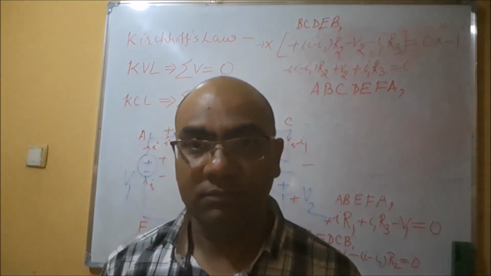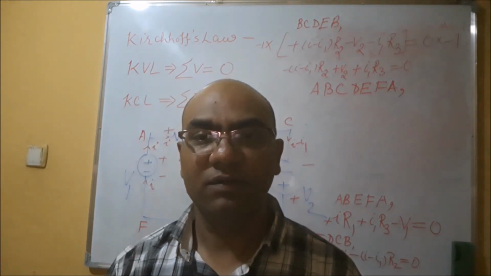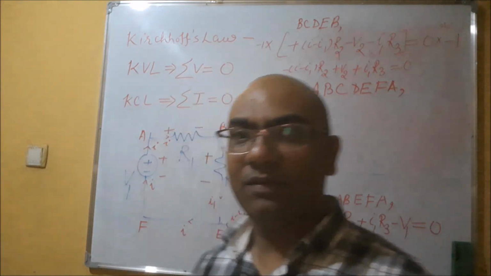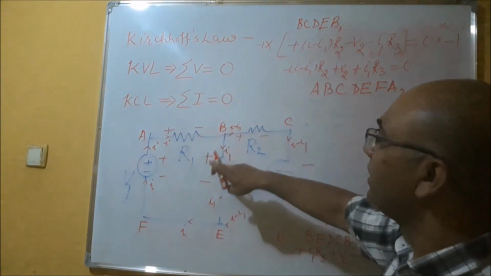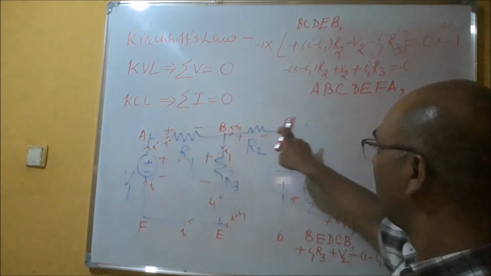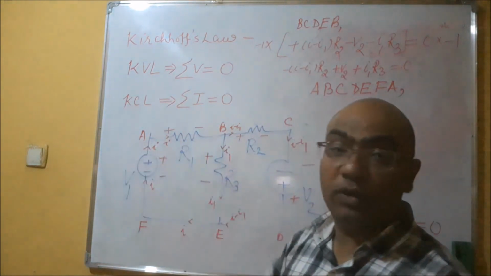So again, please try to write the KVL. Then what will be the KVL? Start from A, move like this and go up to A.